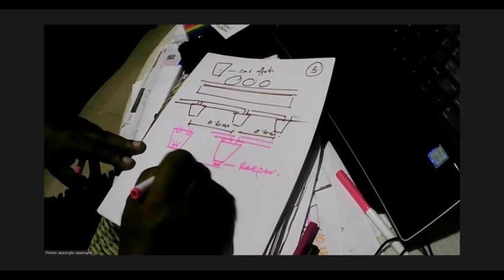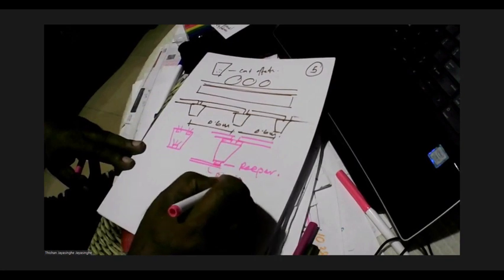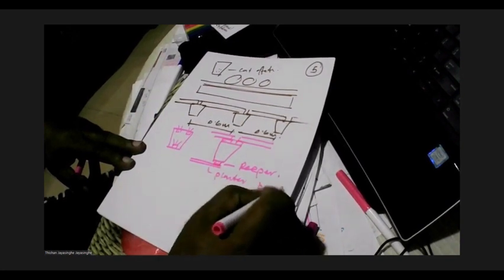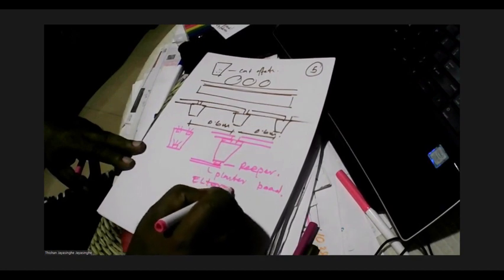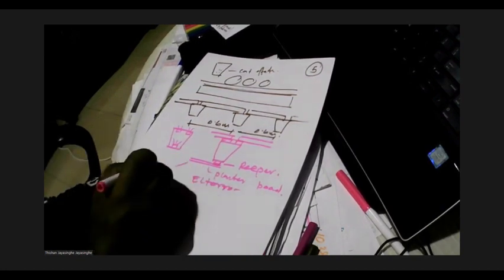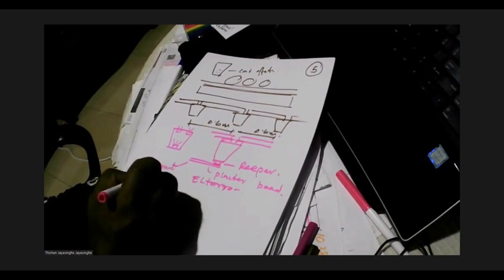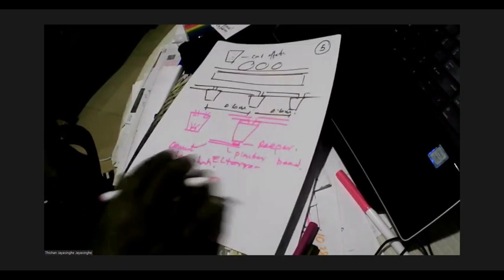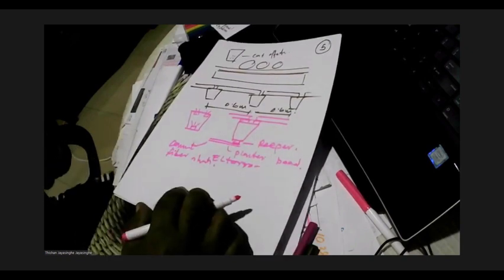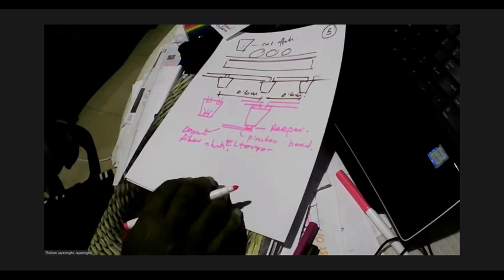And then we can have plasterboard or electro cement fiber sheets. And we can actually create a very nice flooring system with minimum cost, but which looks very strong, which looks like a concrete floor.